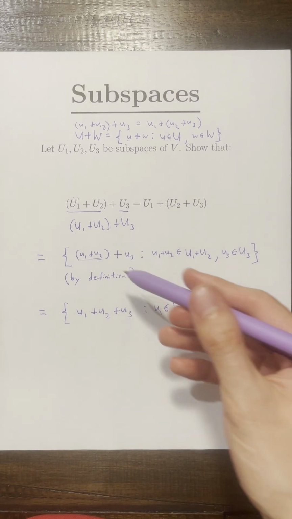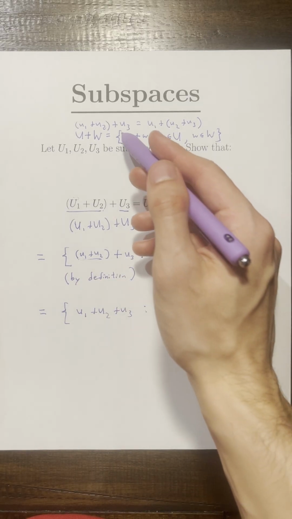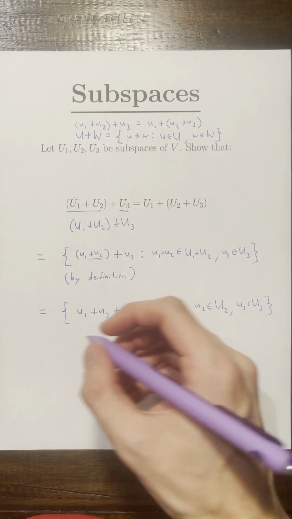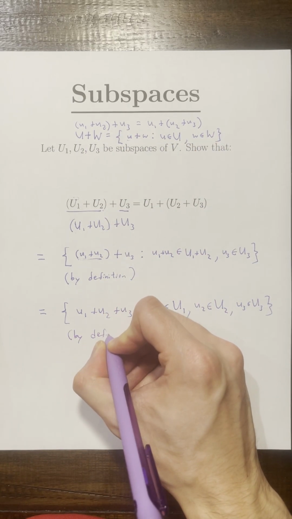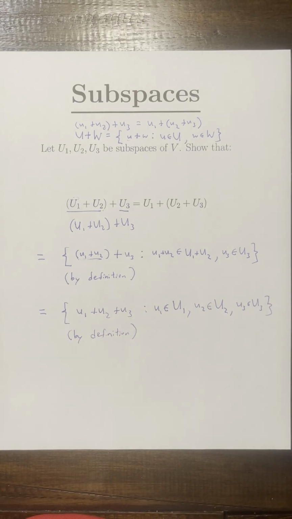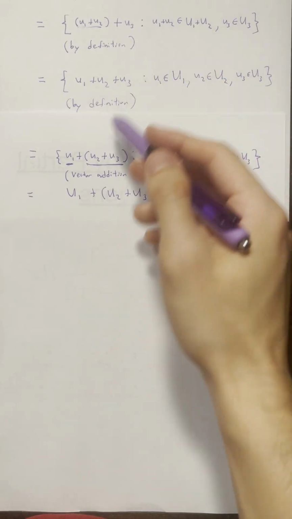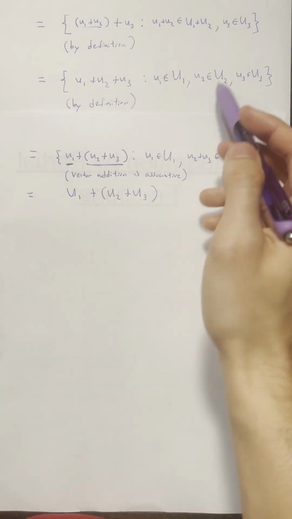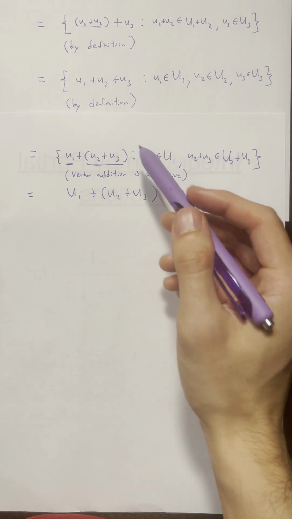Okay, and why is this equal to this again? We use the definition again. Okay, so now the question is, can we go from here to here? Are these two equal? Well, what's different?